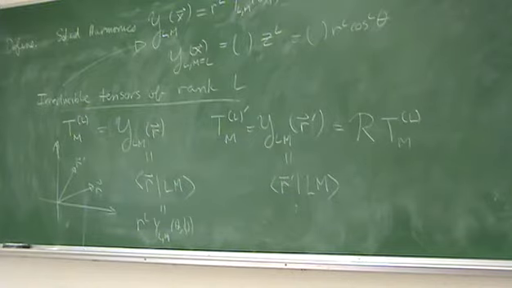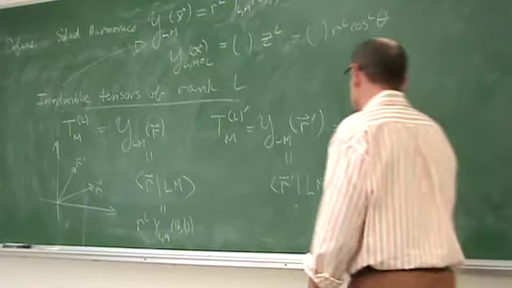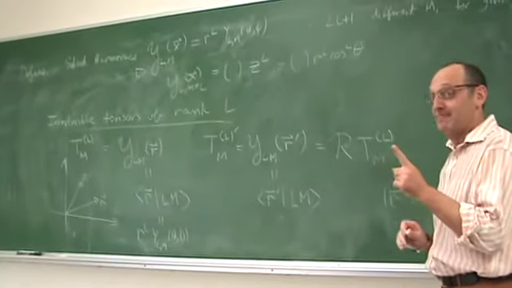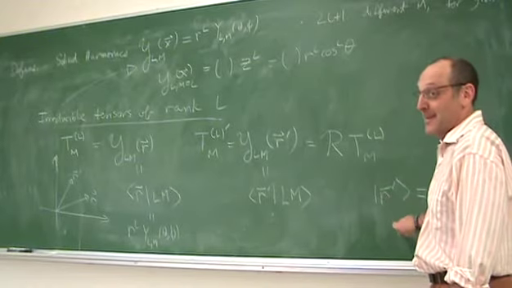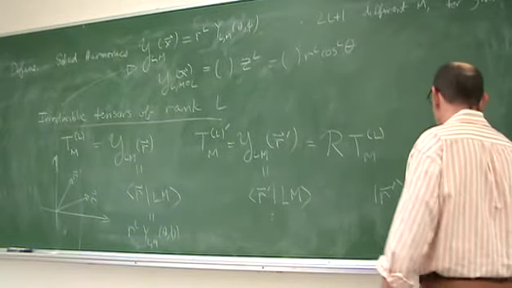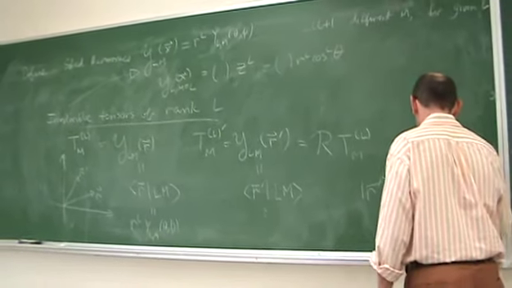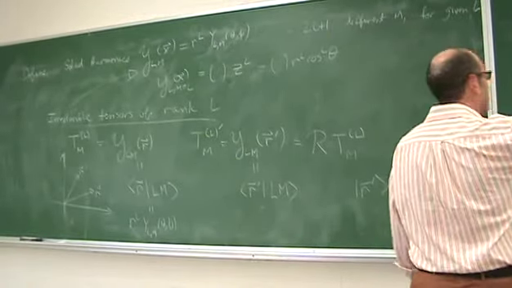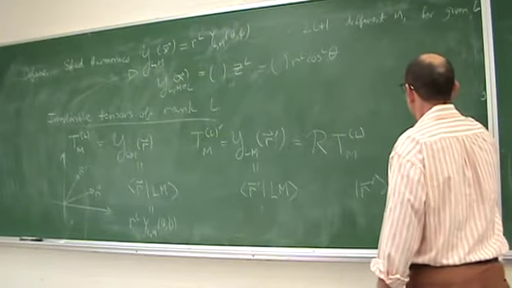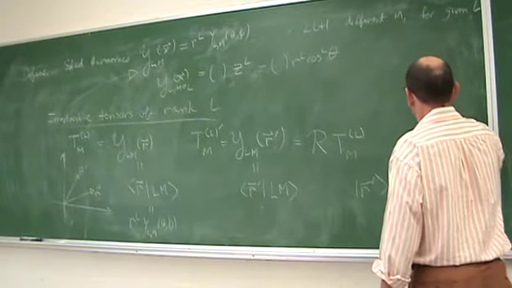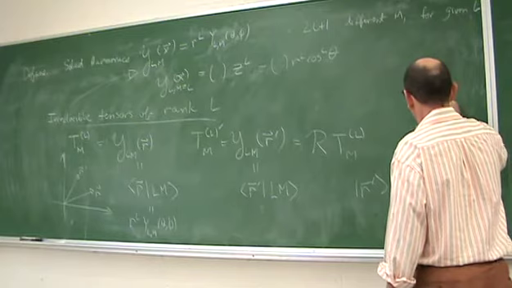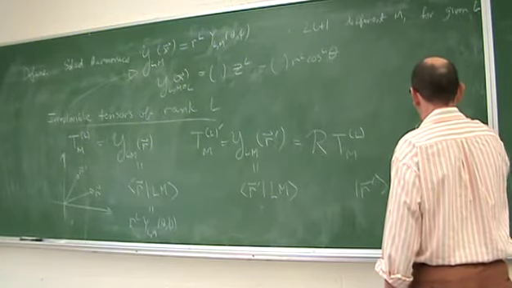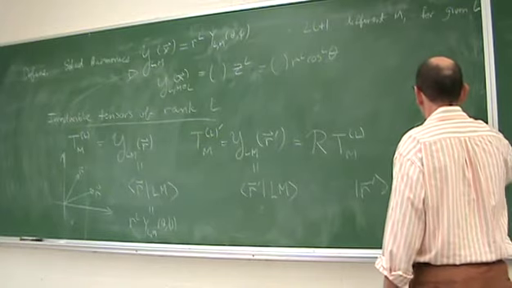The rotated position eigenvector, a vector in Hilbert space, is obtained by the unitary transformation, where this is whatever we had before, e to the minus i theta, or let me say some arbitrary theta, whatever angle I rotate by.